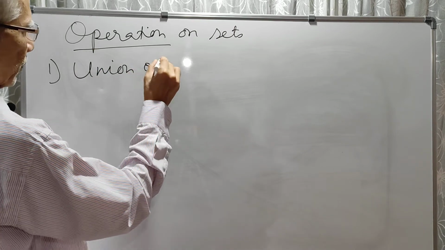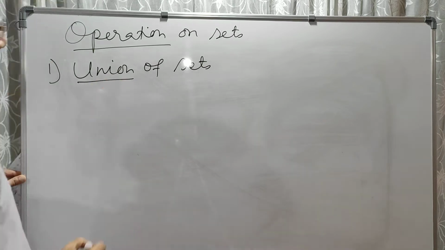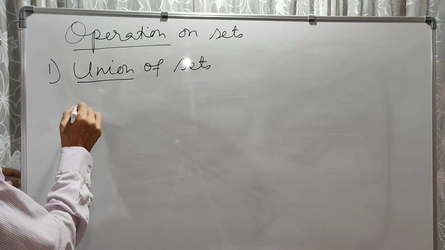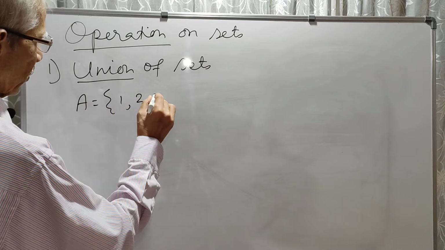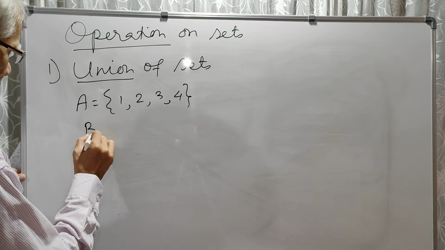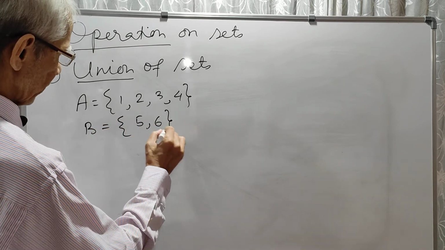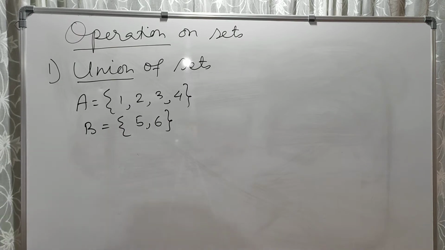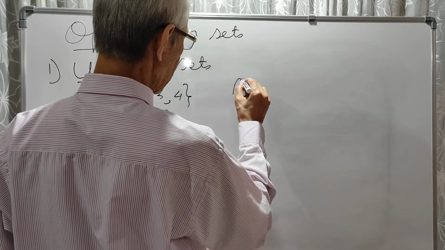Union of sets. Now suppose A is a set, suppose 1, 2, 3, 4. Then B is a set, suppose 5 and 6. Now adding A and B. So how to add A and B?